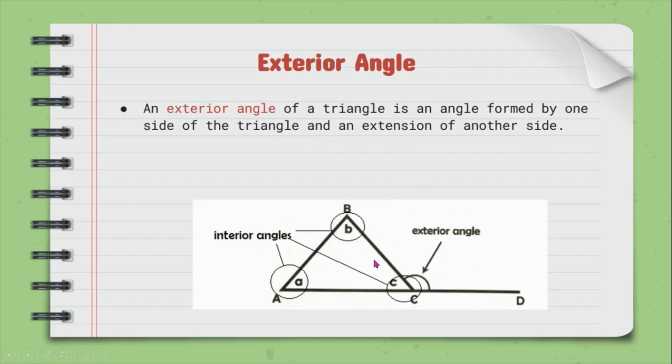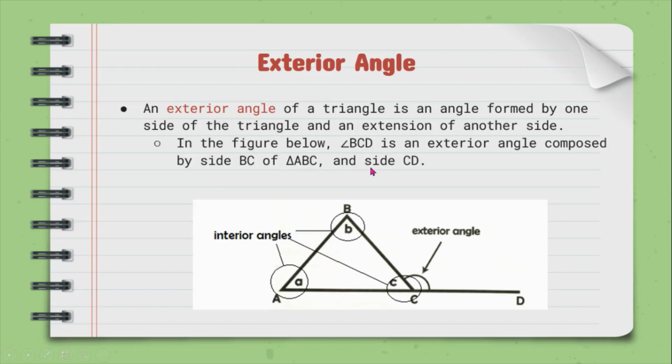So given this illustration here, angle BCD is an exterior angle composed by side BC of this triangle ABC and side CD. And our CD here is an extension of side AC.